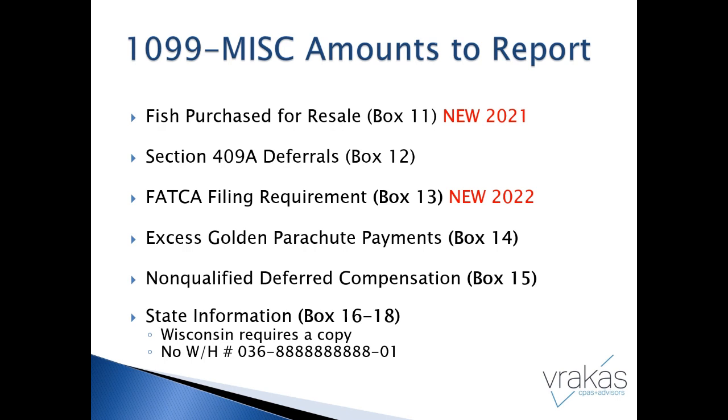Now, in other states, and again, you have to look at the different state rules, some states don't require a 1099 be issued to them because they get the information from the IRS. Illinois is one example. So you have to look at where the services were performed and then decide which state needs to be filed. Wisconsin wants a copy of all 1099s, whether you did a withholding amount or not.